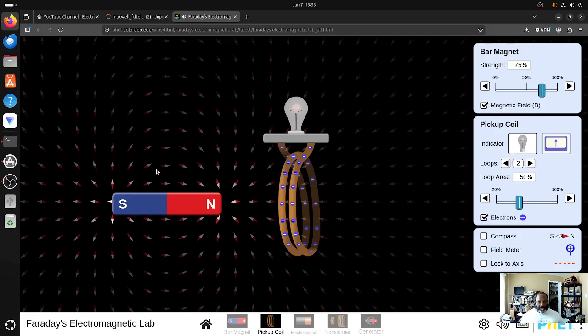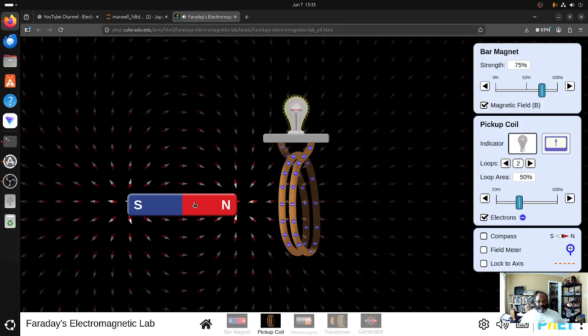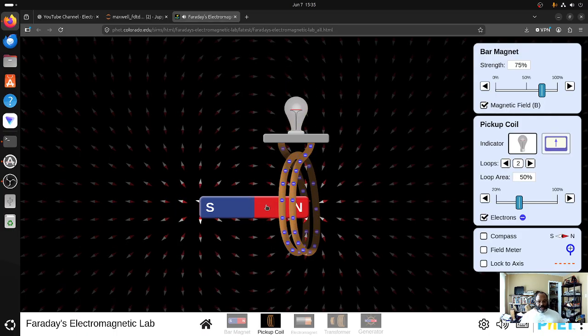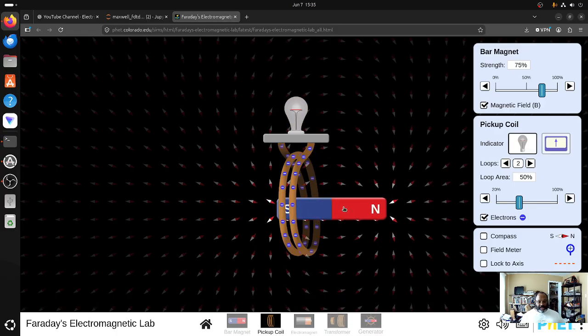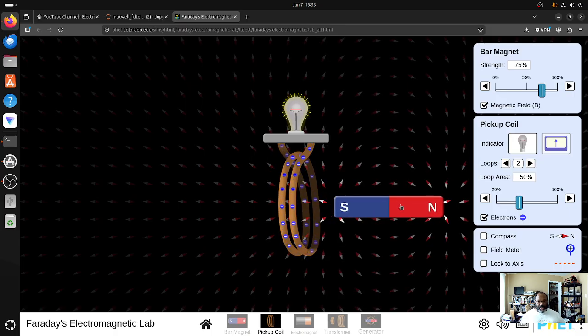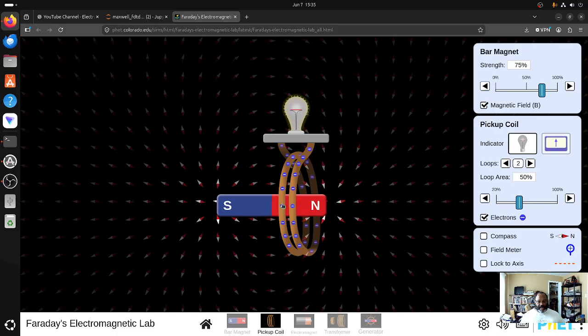So now not only do I have my bar magnet, I have a couple of loops of wire which are connected to the light bulb. As I move this magnet toward the coil, it causes electrons to flow in the wires, and you can see it lights the light bulb. And if I come back the opposite way, it does the same thing.